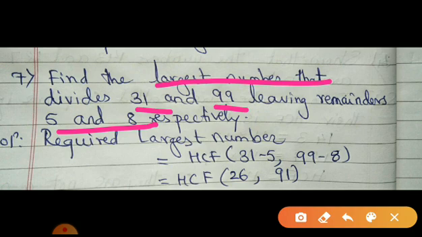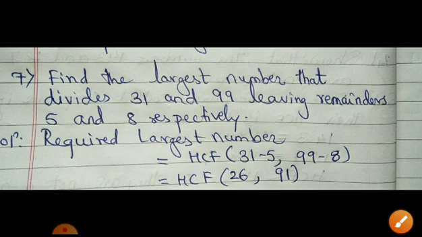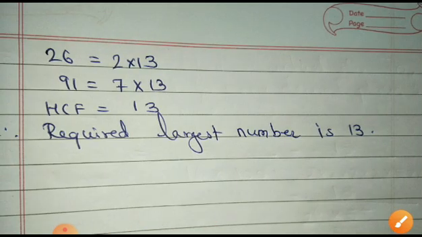So after subtracting, I have to find the HCF of 26 and 91. 26 can be expressed as 2 into 13 and 91 can be expressed as 7 into 13. So the HCF is 13 and hence the required largest number is 13. Hope this is clear.